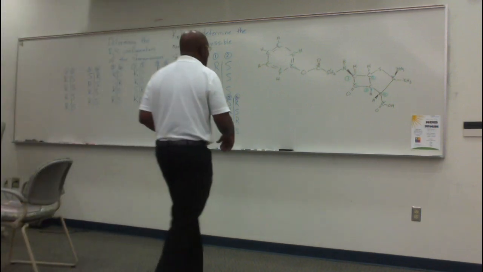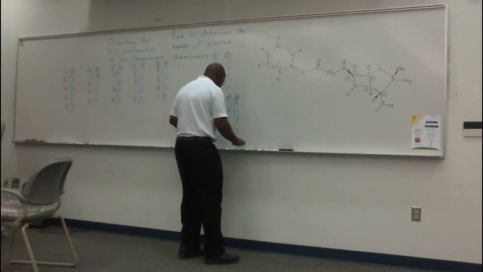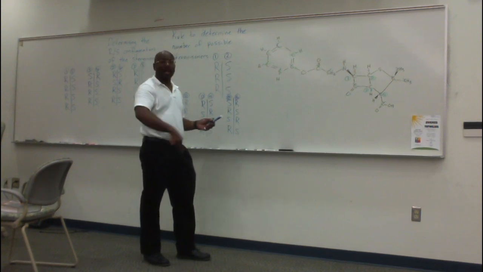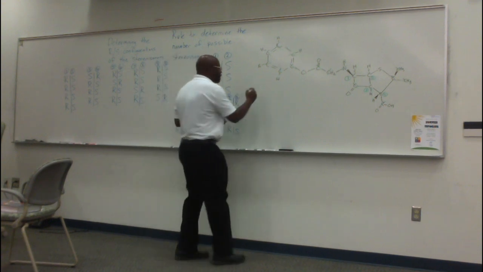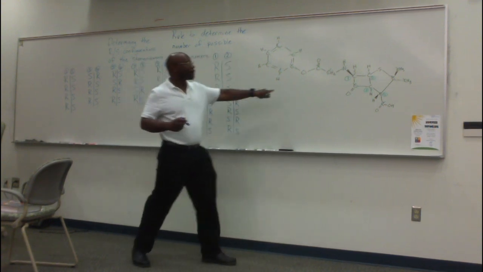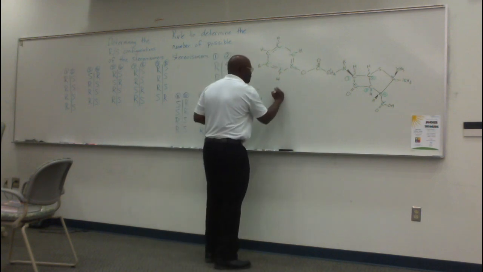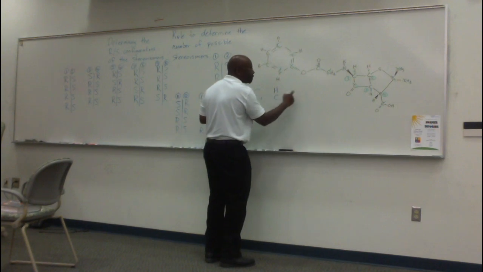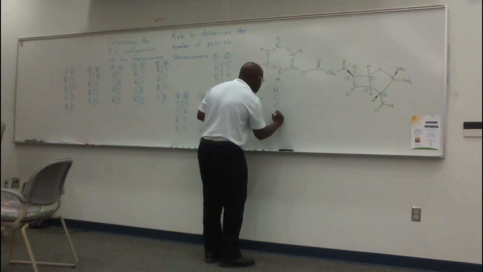We're going to first do carbon number 1. What atoms are directly attached to carbon number 1? What I like to do is start from the top and go clockwise. So carbon number 1, what atoms are attached? Hydrogen. We got a hydrogen, going clockwise, carbon, nitrogen.